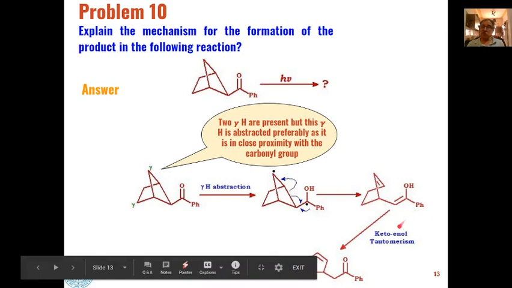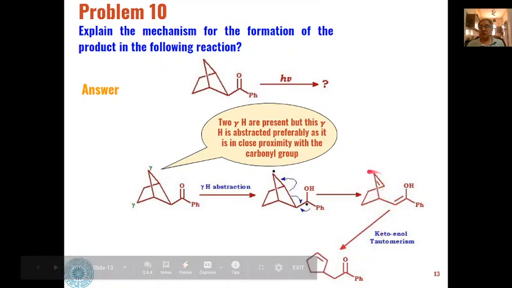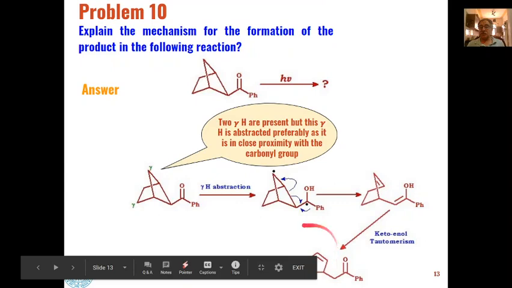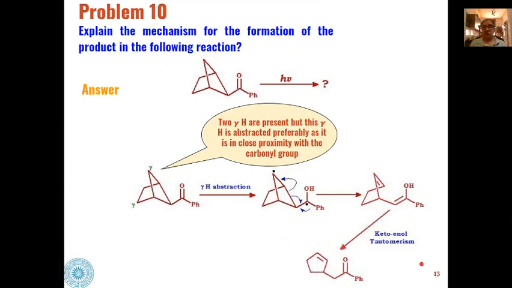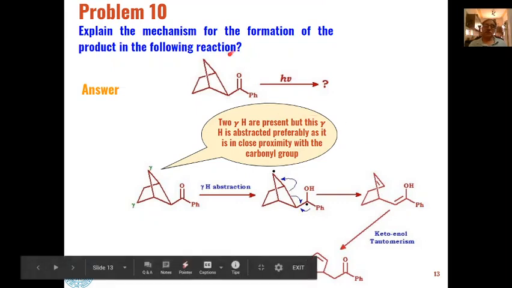So keto-enol tautomerism will take place, and this will be converted into the ketone. And this is a five-membered ring containing a carbon-carbon double bond. So this is the structure of the product formed by photochemical irradiation of these types of bicyclic ketones, where the ketone group is present on the side chain.